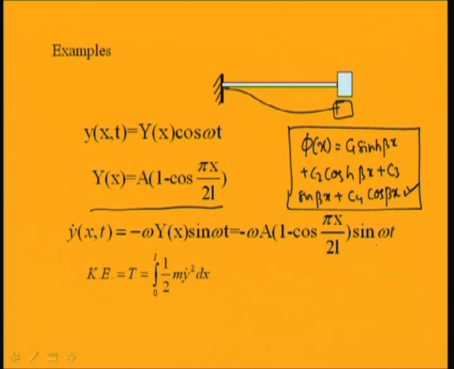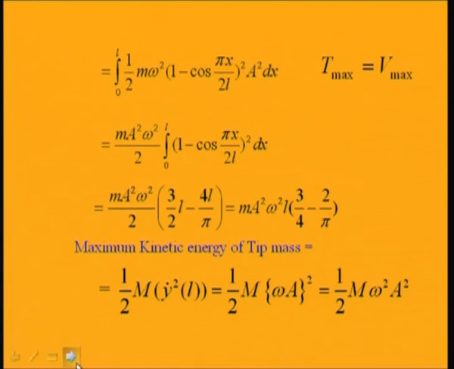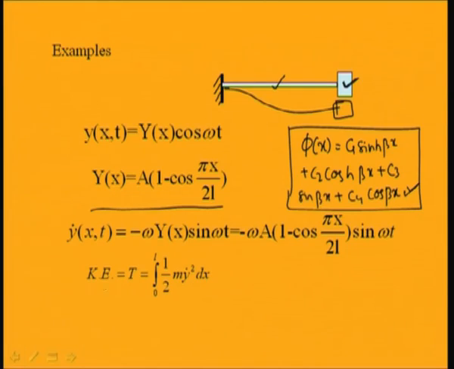So the kinetic energy of the system will contain two parts, one due to this beam and the other due to this mass. Kinetic energy due to the beam part will be equal to the integral of half m y dot square dx, and due to the mass you can also find. Let us find the beam part first.